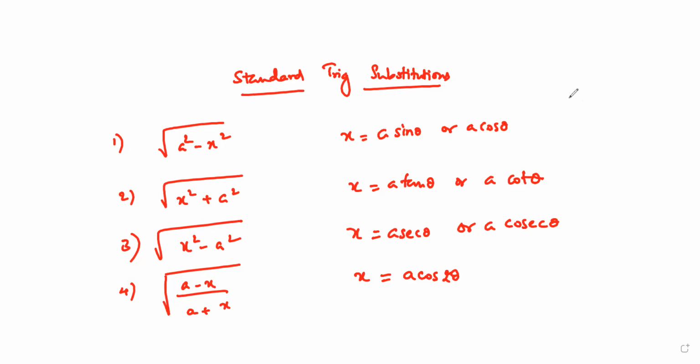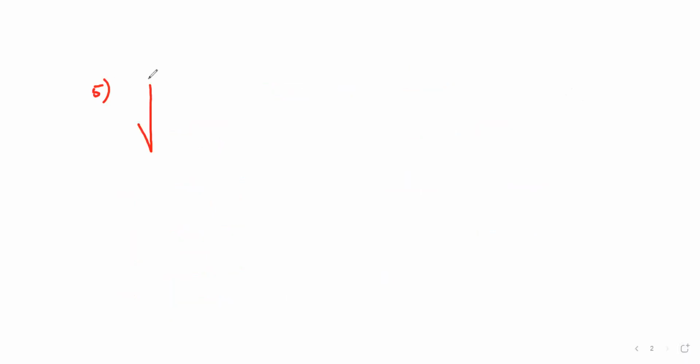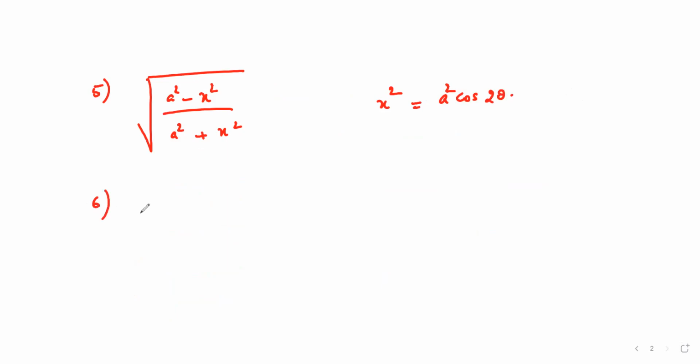Also another one, the fifth one: if it is root of a square minus x square by a square plus x square, then take x square equal to a square cos 2 theta. If root of ax minus x square is there, then take x equal to a sine square theta.